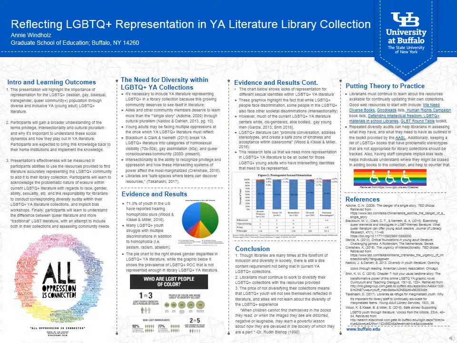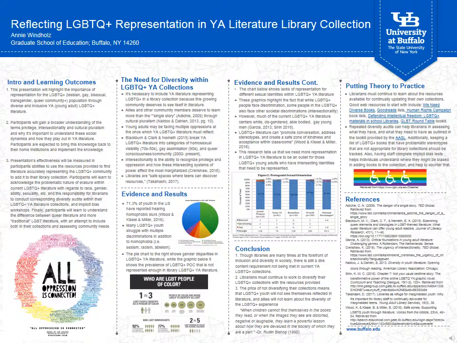Many LGBTQ+ youth struggle with multiple discriminations in addition to homophobia, for example, sexism, racism, ableism. The pie chart to the right shows gender disparities in LGBTQ+ YA literature, while the graphic below it shows the prevalence of LGBTQ+ people of color that is not represented enough in library LGBTQ+ YA literature or in the publishing industry.